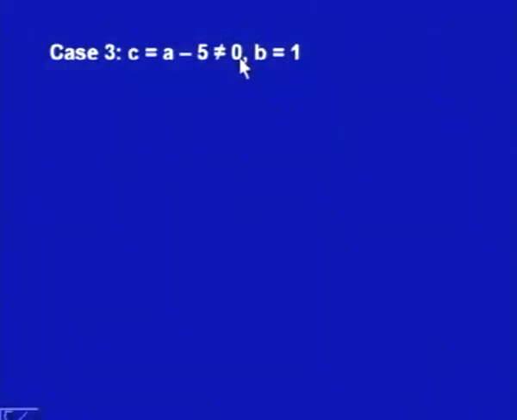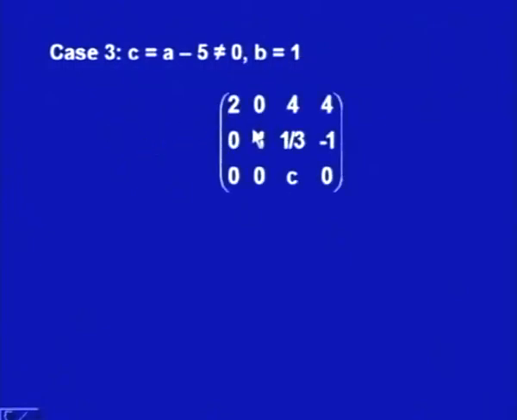Now, in the third case, if I consider C is equal to A minus 5, which is not 0, and B is equal to 1, then the augmented matrix will look like this.